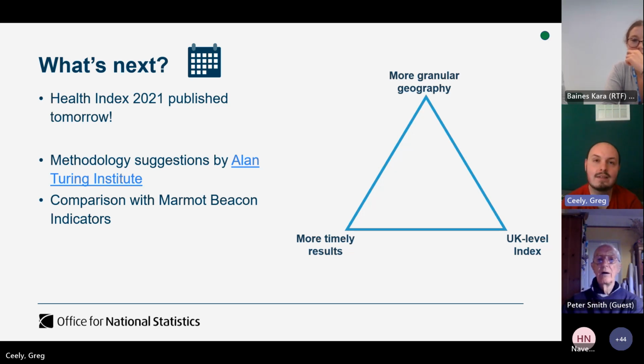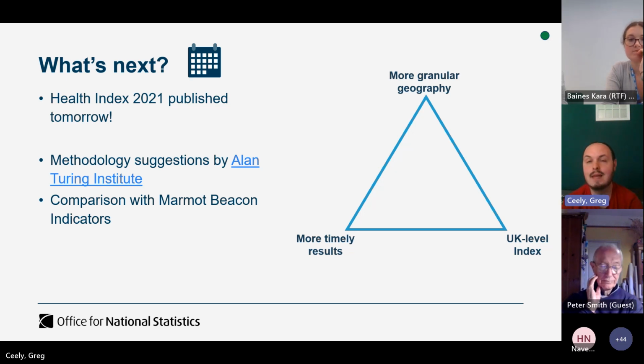The Health Index does, of course, become limited by the fact that we have over 50 source indicators. So realistically, we cannot publish that quickly without either omitting some of our indicators, which are published more slowly, or waiting for everything to be available and then working from there.